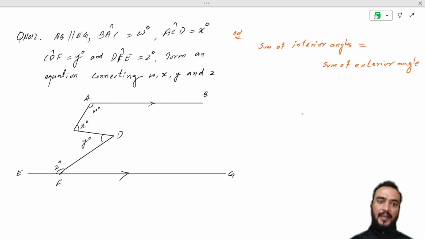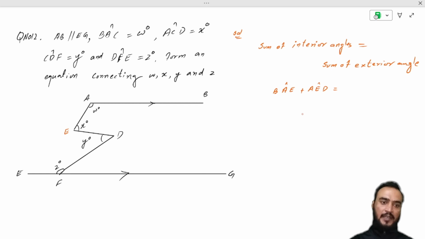So what are the interior angles? Interior angles are BAE, let us call this point E, BAE plus AED. These two are the interior angles, and they sum up to the sum of exterior angles.